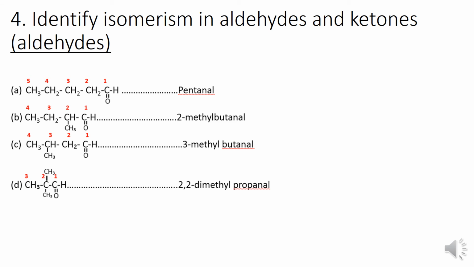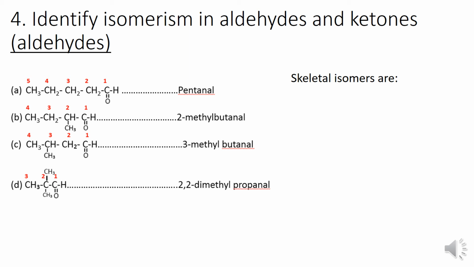Now let us classify these isomers. In order to classify them, we'll start with the skeletal isomers. Let's remember together, what do we mean by skeletal isomers? They have the same molecular formula, the same position of the functional group, and the main chain is different.